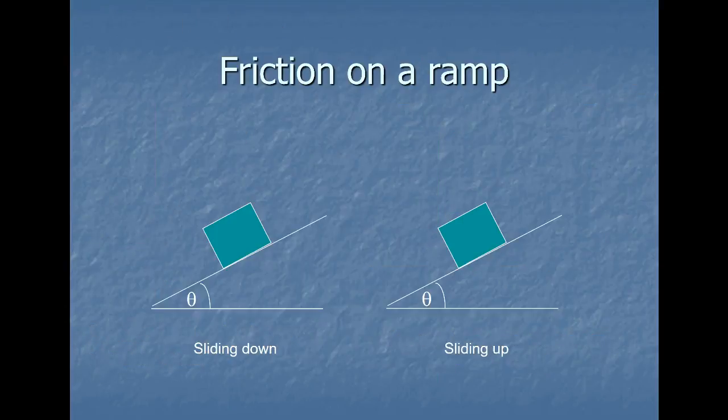All right, now what about for friction on a ramp? What does it look like if we're sliding down a ramp? Okay, so we're going to have kinetic friction. We're also going to have force of gravity, normal force, and then kinetic friction we usually draw as an Fk, and it is acting sort of at the corner of the object.